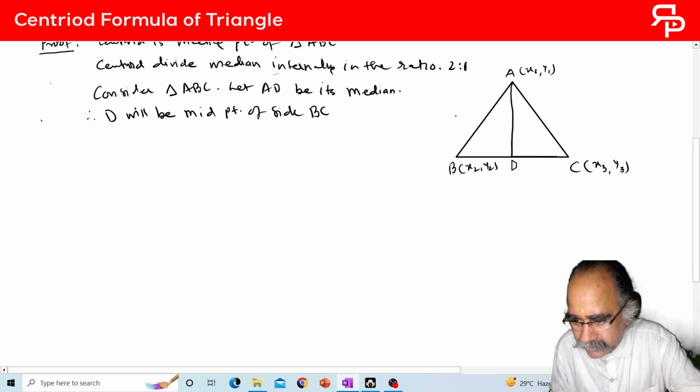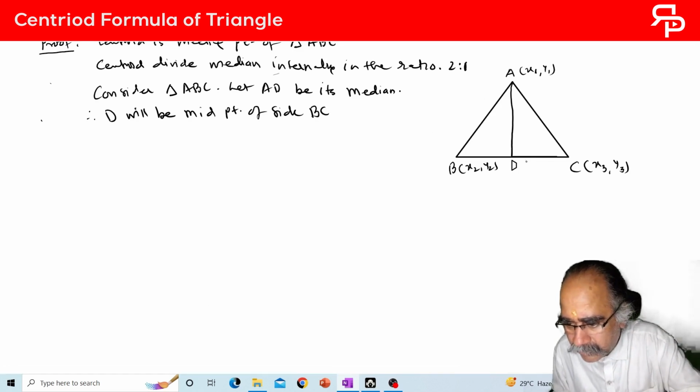Let G, this is point G, which divides median AD in what ratio? 2 is to 1.